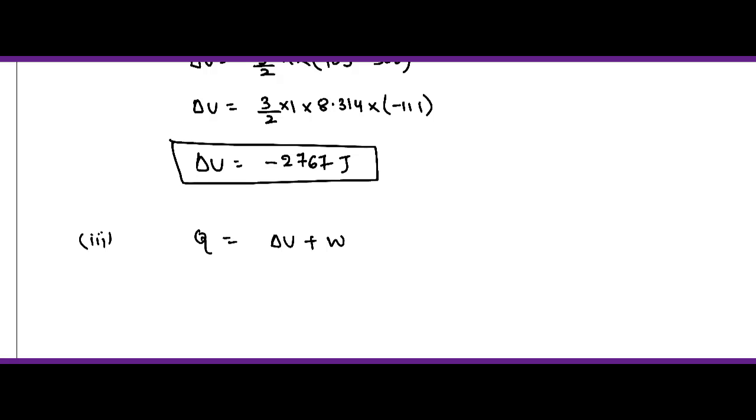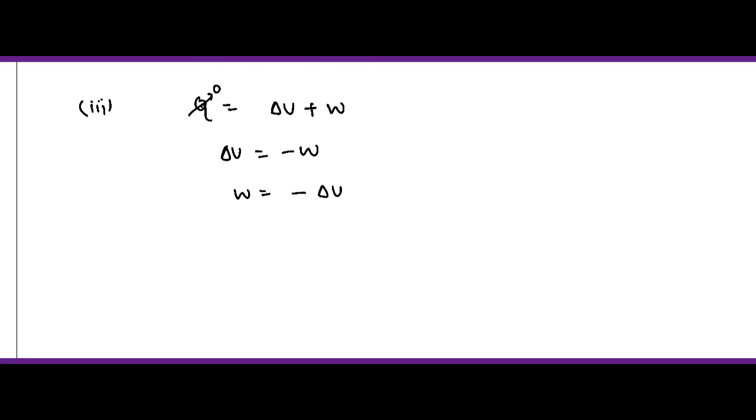Now the process is adiabatic, and for an adiabatic process the heat is zero because there is no heat exchange between the system and surroundings. So delta U equals minus W, or W equals minus delta U, and I already calculated the change in internal energy, so my work done is minus minus plus, it is 2767 joule. This is my work done for this process. Okay, thank you.